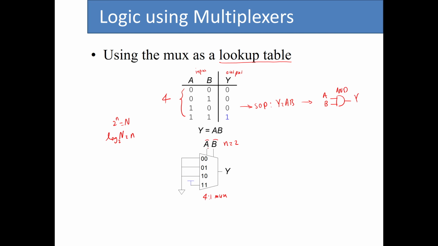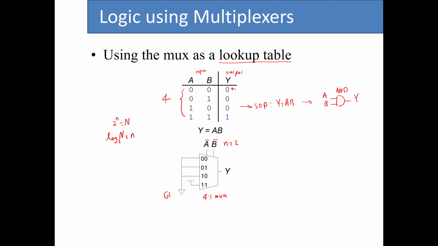So what happens if A and B are both 0? When A and B are both 0, the 0, 0 input is being selected. What is the value for A and B being 0, 0? The output is going to be 0. So in that case, that means this input needs to be connected to the ground.